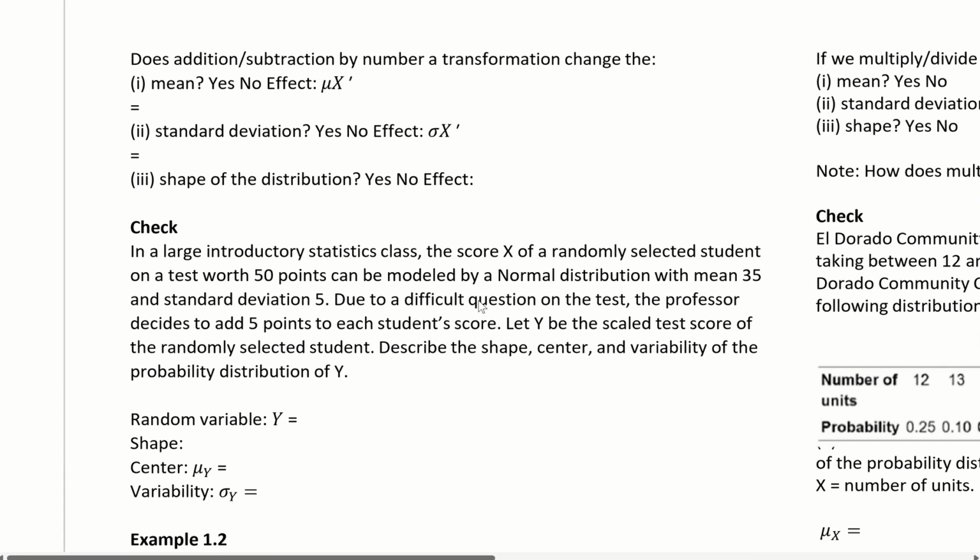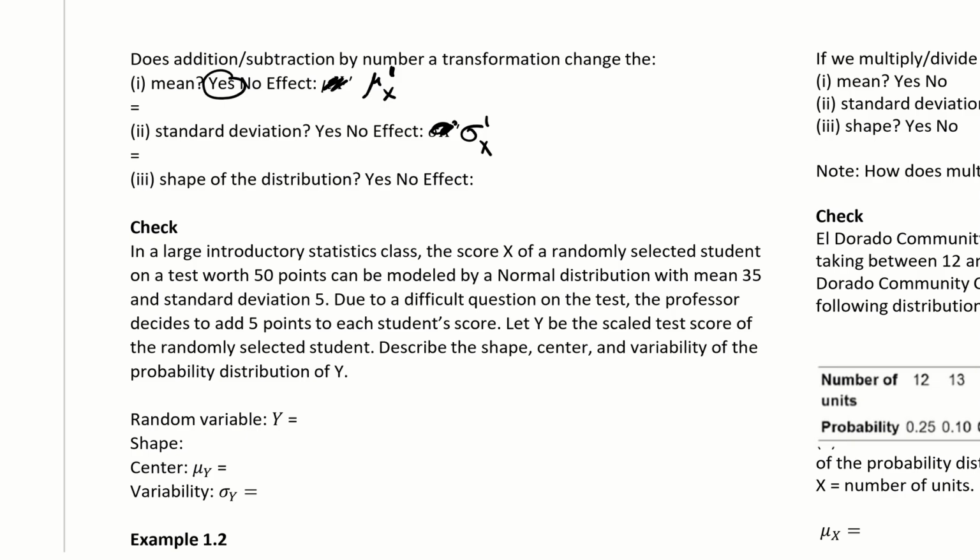So does addition or subtraction by a number change the mean? Yes, it does. And in this case, the transformation is reflected by the exact amount that you added or subtracted. So let me change this to mu x prime, because I didn't put it as a subscript there. Mu x prime, where prime indicates a transformation.